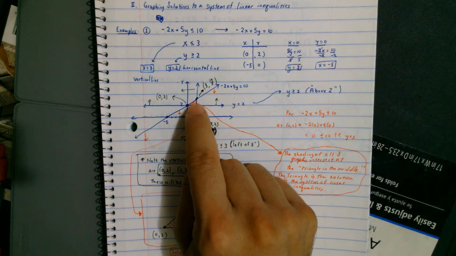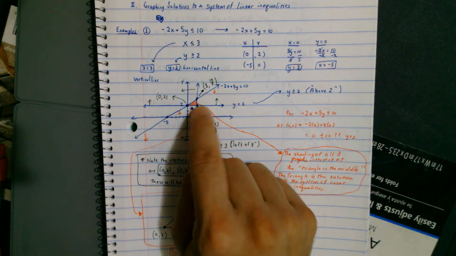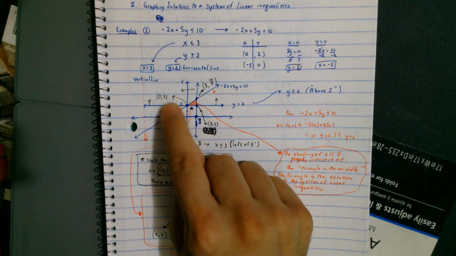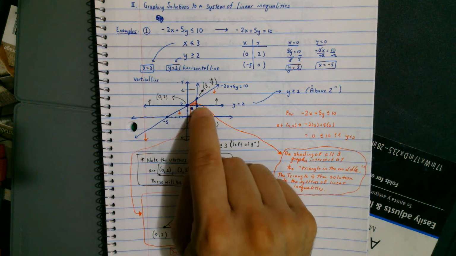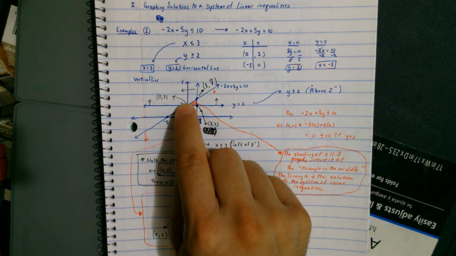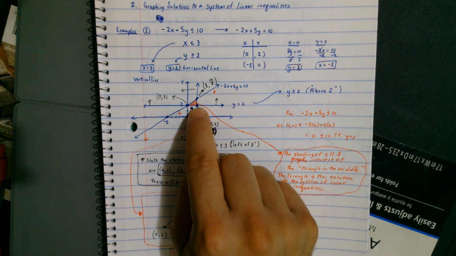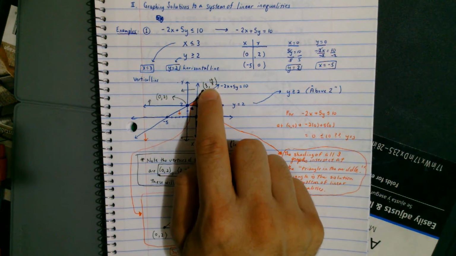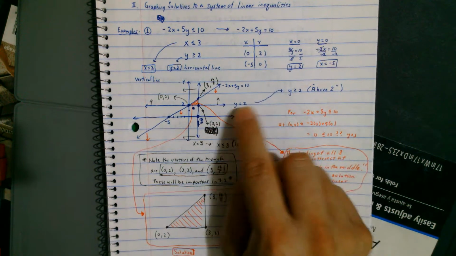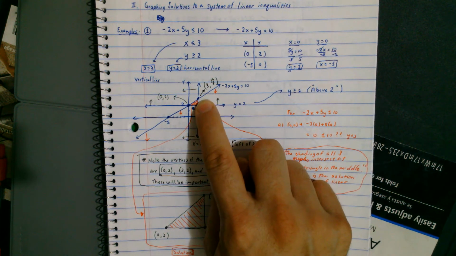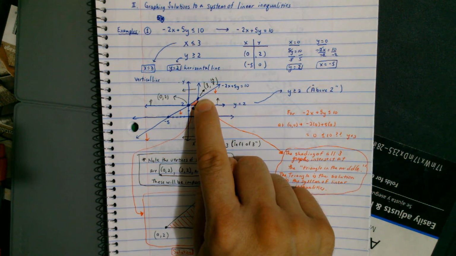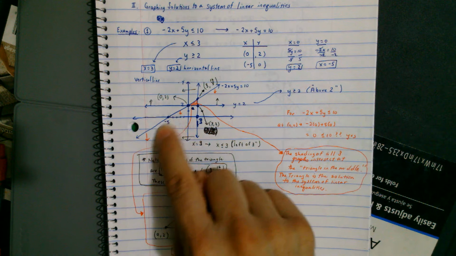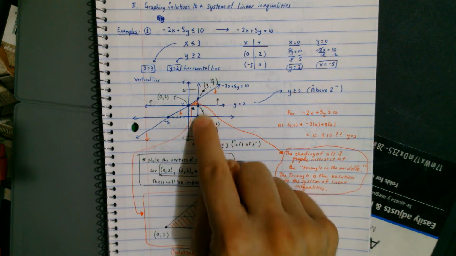These three edges, or these three corner points, or vertices in this case, represent kind of like the boundaries. So 0, 2, just to point that out, this is the point 2, 3. Now this point is 3, 16 over 5. Just for your knowledge, this is essentially where this line intersects this line.